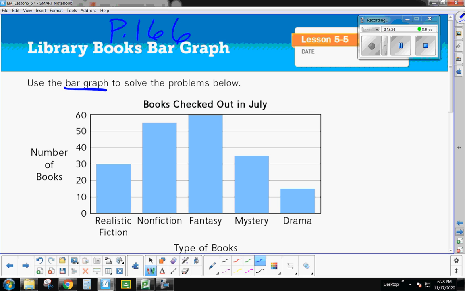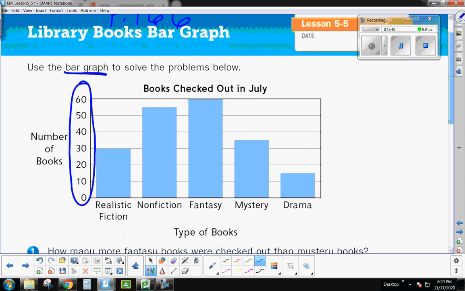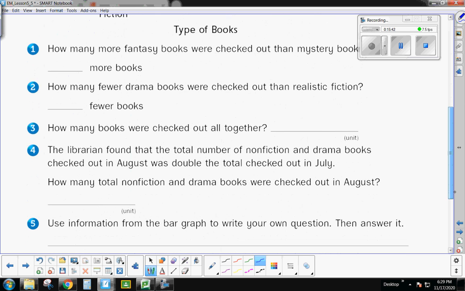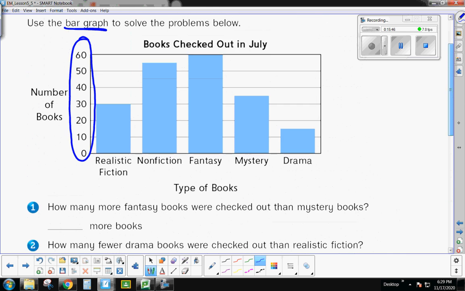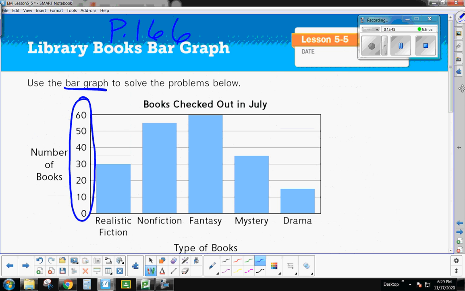We've got realistic fiction, nonfiction, fantasy, mystery, and drama. Those are the kinds of books checked out in July. And then always pay attention to your scale. Our number of books is over there to the left-hand side. It looks like our scale is counting by tens. And so I want you to go ahead and pause the video, answer these questions, and then restart the video, and I'll go over it for you to check your work.